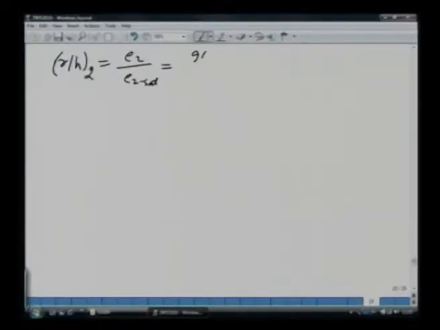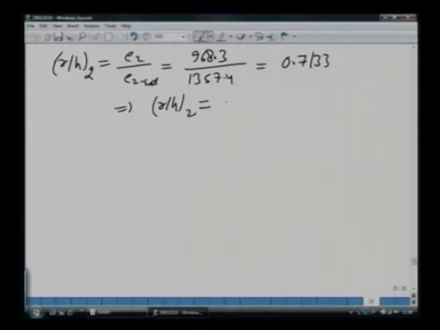So, it is 968.3, and the saturation vapor pressure at a height of 1500 meters we just found out is 1357.4, and it will be 0.7133. So, that implies your relative humidity at a height of 1.5 kilometers is 0.7133, or in percentage you can express this as 71.3%.